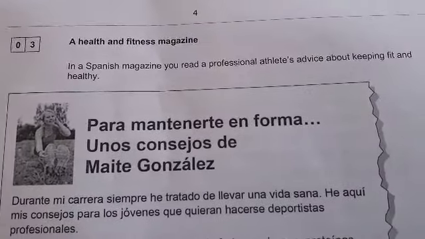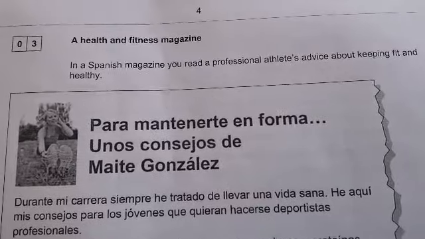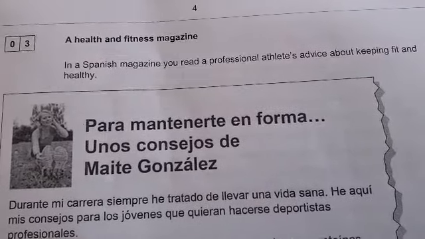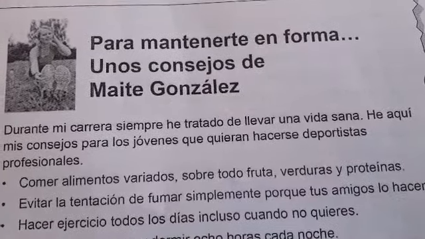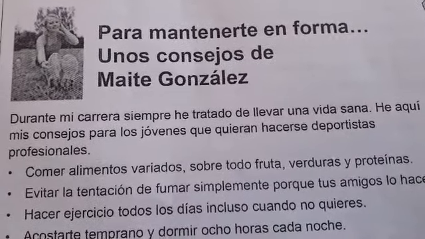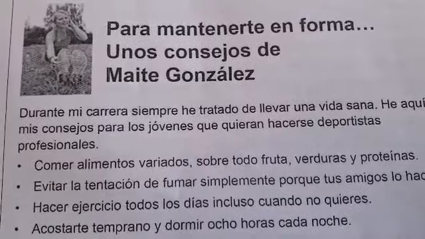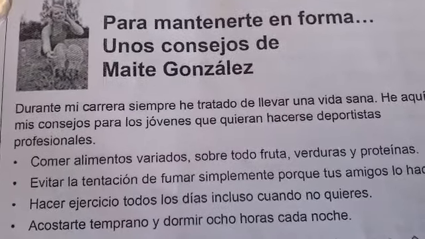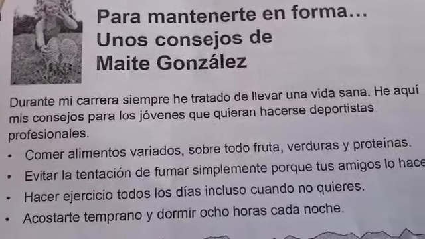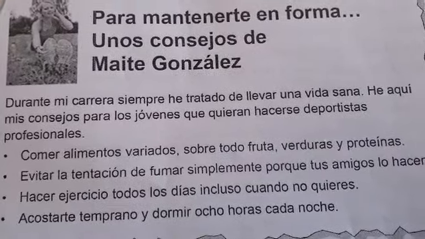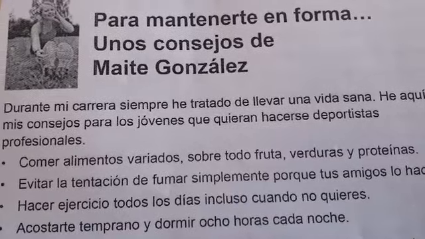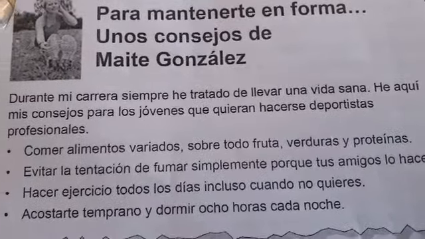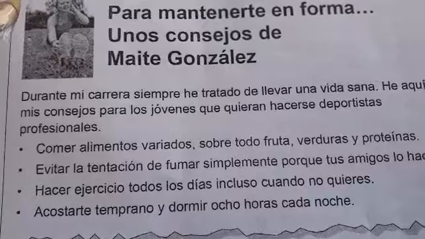In a Spanish magazine, you read a professional athlete's advice about keeping fit and healthy. So it reads, para mantenerte en forma, unos consejos de Maite González. Durante mi carrera siempre he tratado de llevar una vida sana. He aquí mis consejos para los jóvenes que quieran hacerse deportistas profesionales.